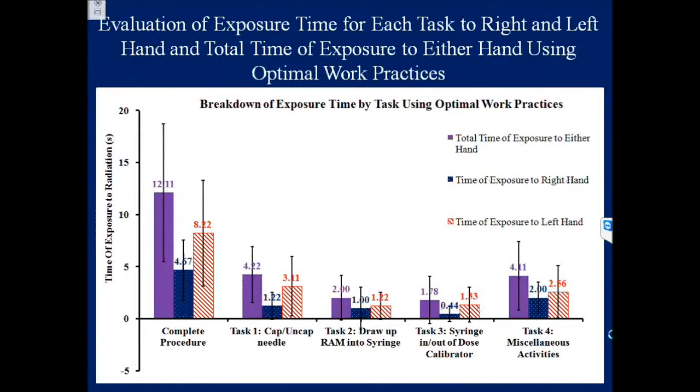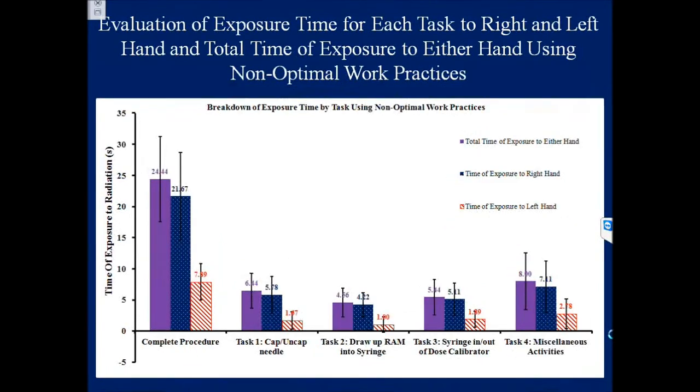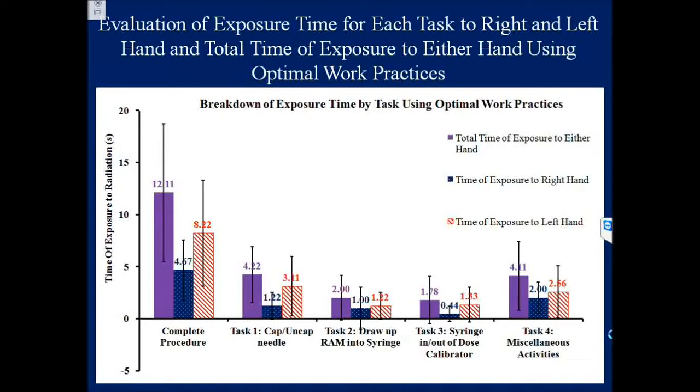However, I looked at the exposure to both right and left hand on the exposure time, and when you compare the optimal work practices, the exposure time versus the non-optimal, there's a significant difference. Because you can see, if you go back and forth, the time that they actually have exposure to the hands is very much less using optimal work practices.